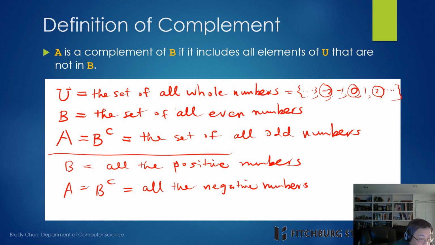Because if you look at U, B is all the positive numbers, so B should be the numbers starting from 1, 2, 3, all the positive numbers. Now, the complement of B should be all the numbers not in B. So that should include all the negative numbers plus, oh, I think plus 0. Right. So make sure that you include every element in U but not in B. Don't forget the number 0.